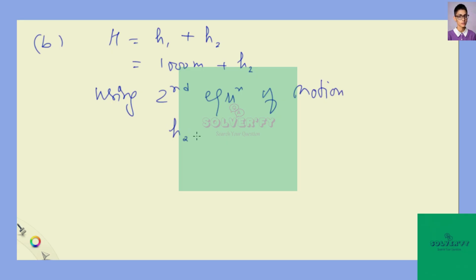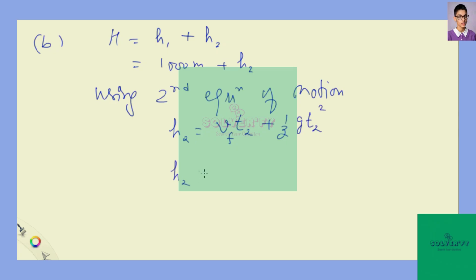So h2 is equal to vf, the initial speed. The final speed for the accelerated motion will behave like the initial speed for the retarded motion. So vf into t2 plus half g t2 square.